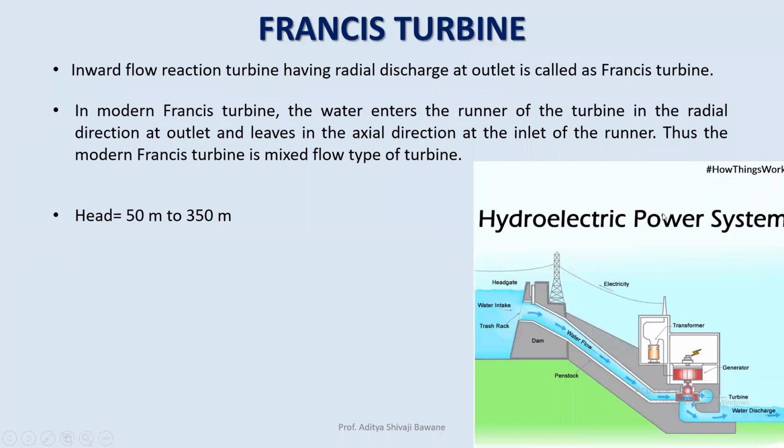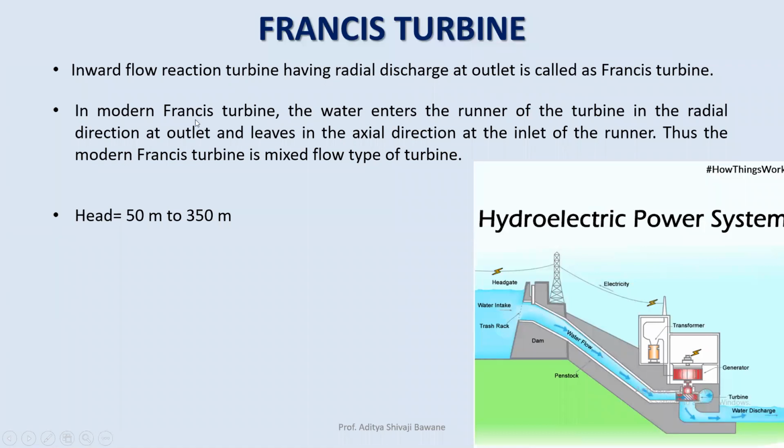If you see at the exit, it is axial movement, or I can say radial discharge, and those types of discharge we can say is a Francis turbine. Whenever we hear radial discharge at outlet, it means that turbine is a Francis turbine.